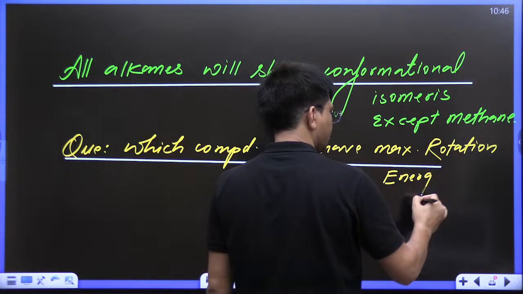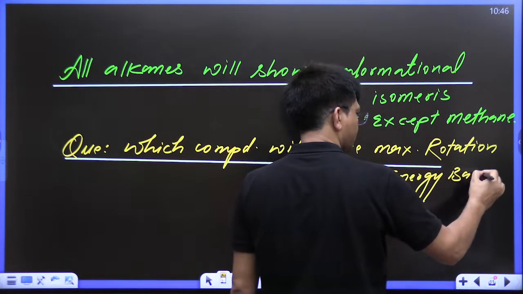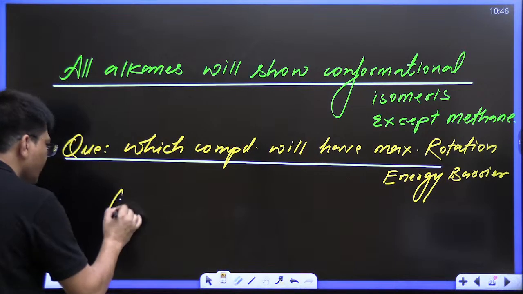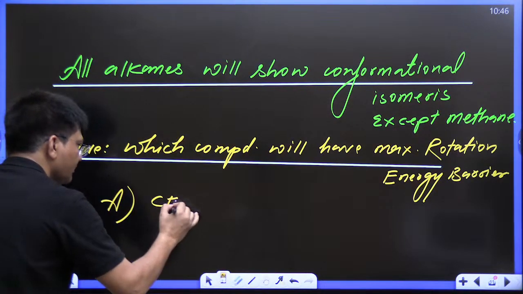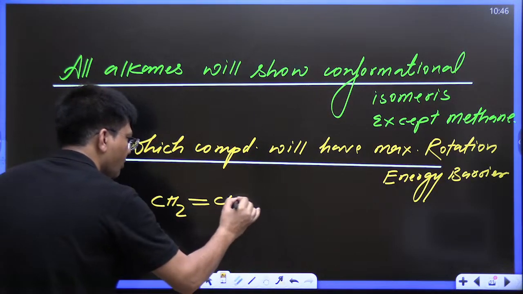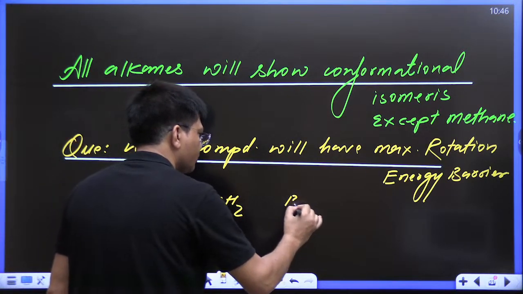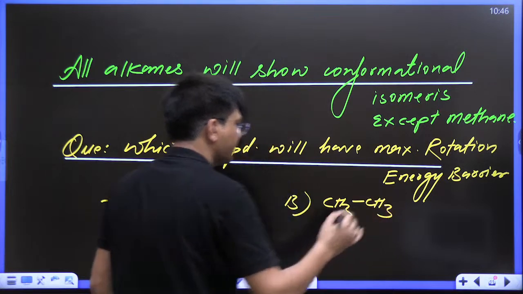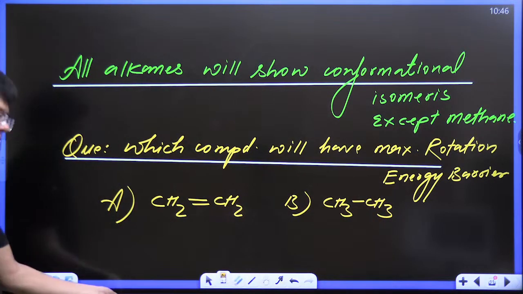Maximum rotation energy barrier. A is ethene, B is ethane. These are the two options, ethene and ethane. Kids, do let me know what's your answer. Ethene and ethane, which will have maximum rotation barrier.